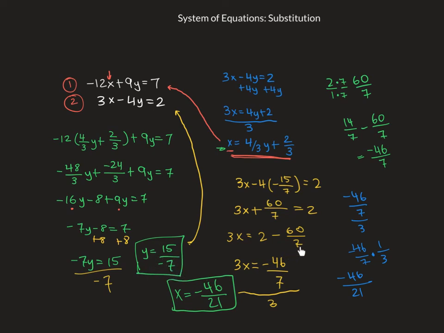And then we substituted this back into our second equation, which brought us to this area. And then we broke this down until we got here, did all the math, and got minus 46 over 21. And that will be our final answer, because once you get rid of that 3, only the x is left. So that means x is equal to minus 46 over 21.